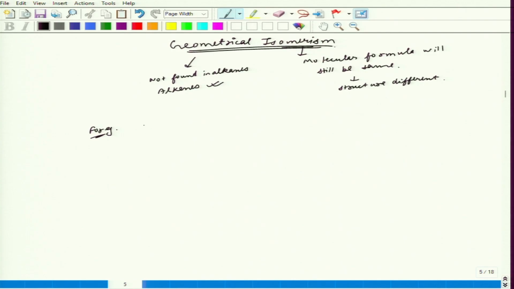In the previous class, we discussed C4H8 isomerism, in which we wrote two isomers. One is CH2=CH-CH2-CH3, right. Another one we write as CH3-CH=CH-CH3.